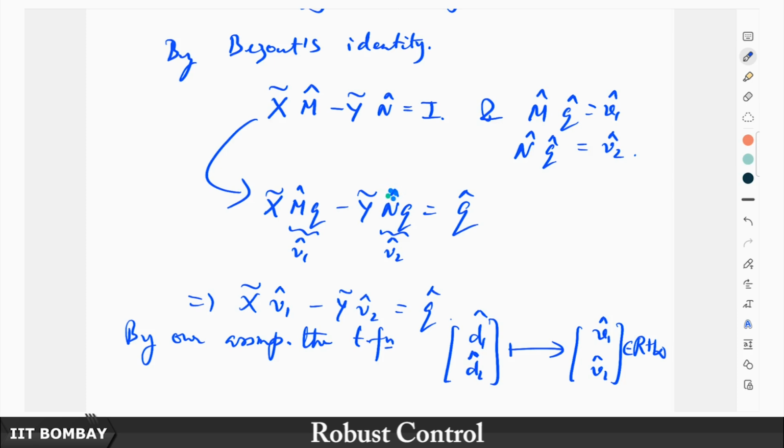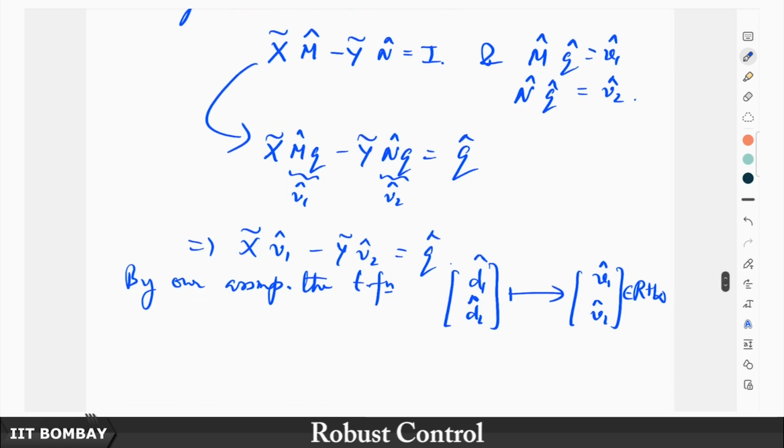And now in addition we have this relationship whereby we see, by invoking this Bezout identity, that the map from v1, v2 to q hat must also be in RH infinity. So, like transitivity, the map from d1, d2 to v1, v2 is in RH infinity, and the map from v1, v2 to q is also in RH infinity.